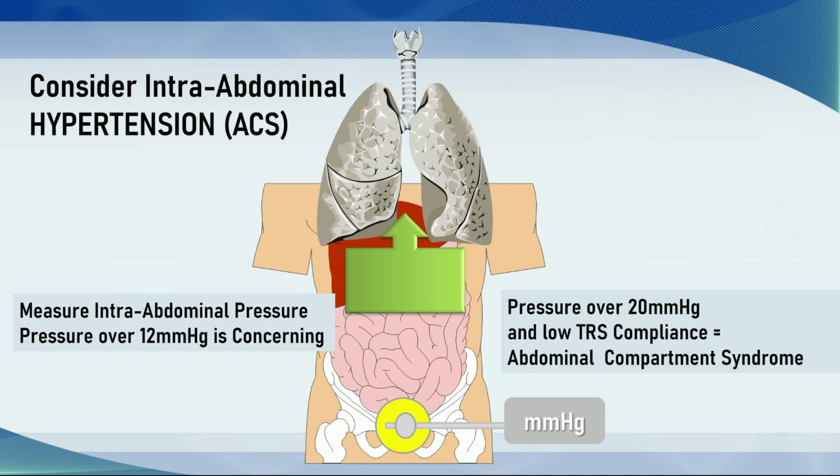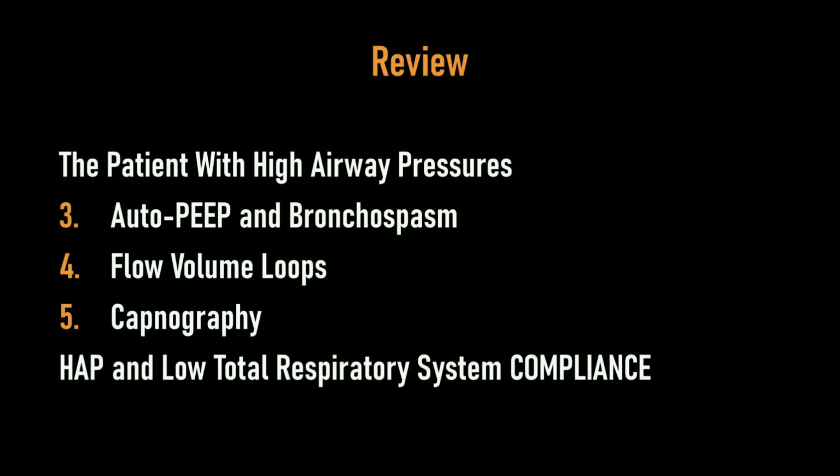Let's review this tutorial. In this tutorial, we discussed the patient with high airway pressures, how to assess Auto-PEEP with bronchospasm, we looked at the flow volume loops, and then we looked at capnography.